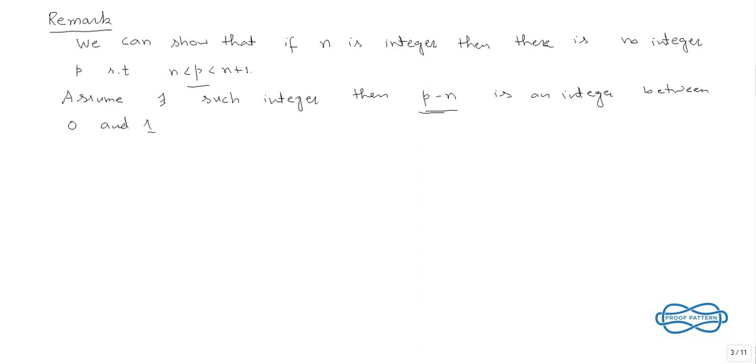So p minus n will be a number which is greater than 0 but less than 1. So it means p minus n is an integer between 0 and 1. But we have already proved in the last lecture that there cannot be any integer between 0 and 1. So contradiction. It means there does not exist any integer between n and n plus 1.